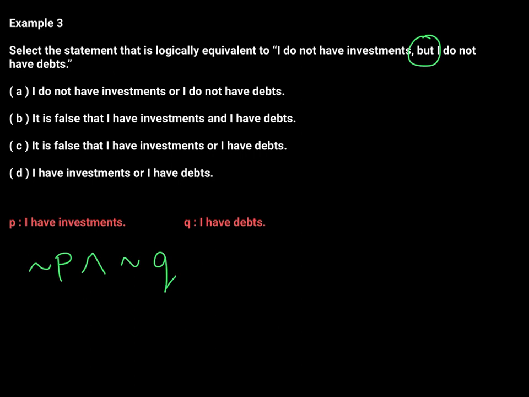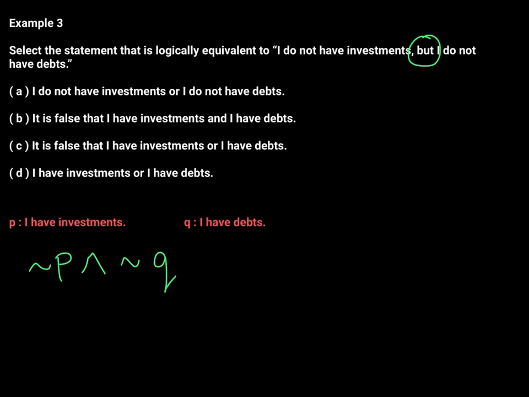So what we're going to do now is rewrite each of these statements, A, B, C, and D, all of them in symbolic form, and use De Morgan's law to figure out which one is equivalent. So I'm going next to statement A. I do not have investments or I do not have debts.